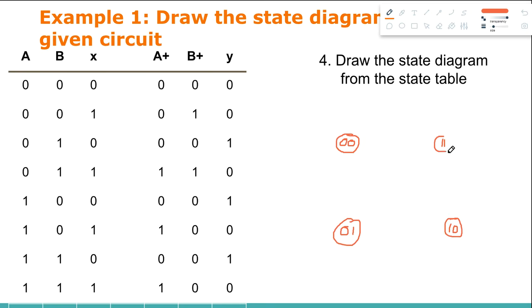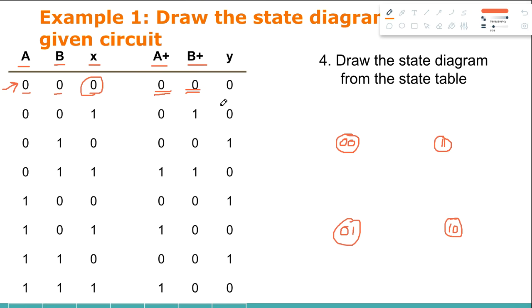Here we can see that if the present state is 00, where a and b are the present state, remember, then for input x the next state would be 00. The a plus and b plus are the next state, right?